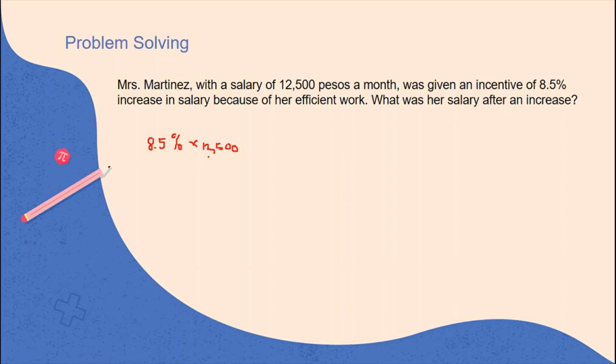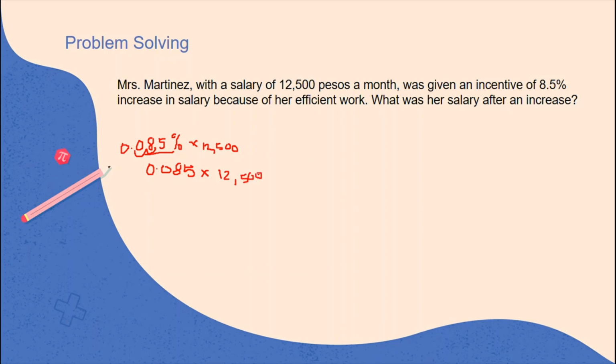So, first things first, we need to change this into decimal by moving our decimal point 2 places to the left, 1 and 2. So, just affix 0 and add 0 before the decimal point, so that makes it 0.085 times 12,500.